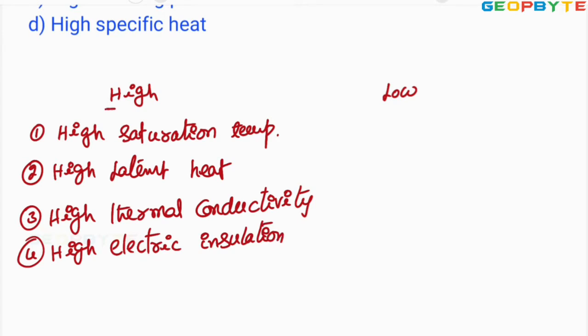Now come to the characteristics under low.